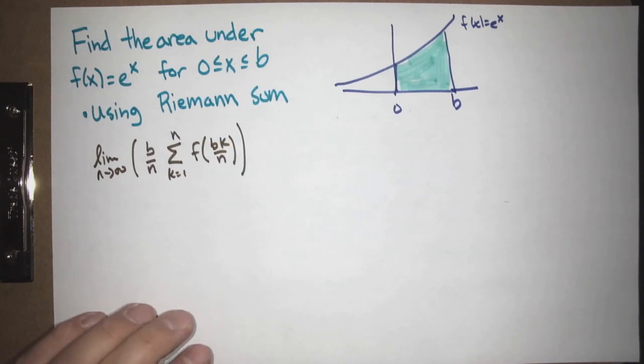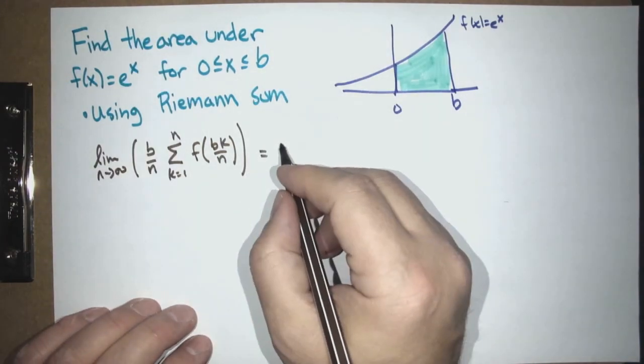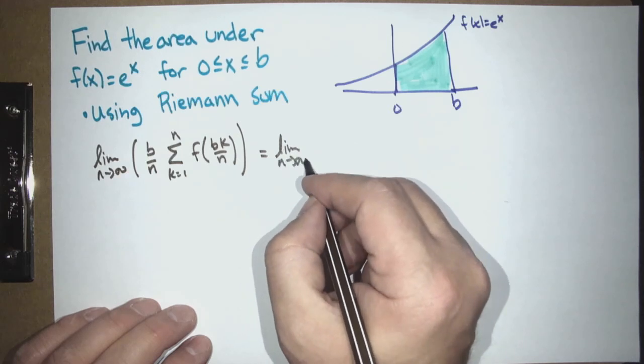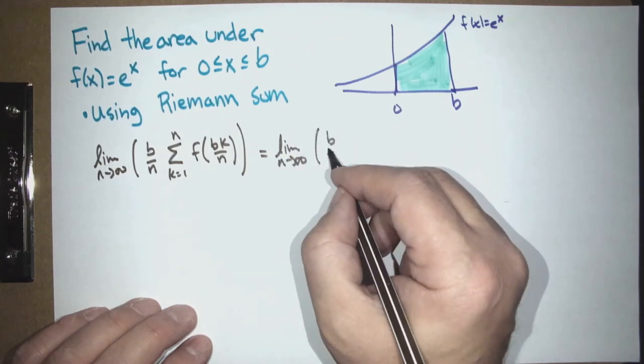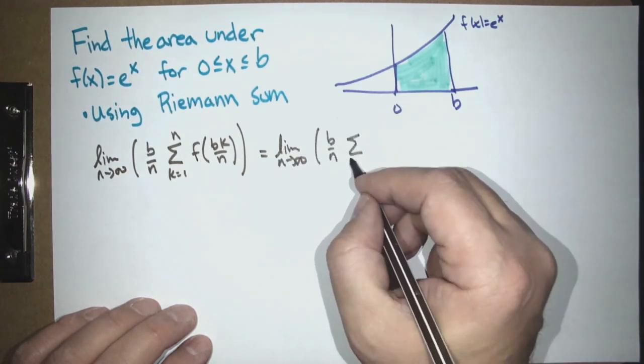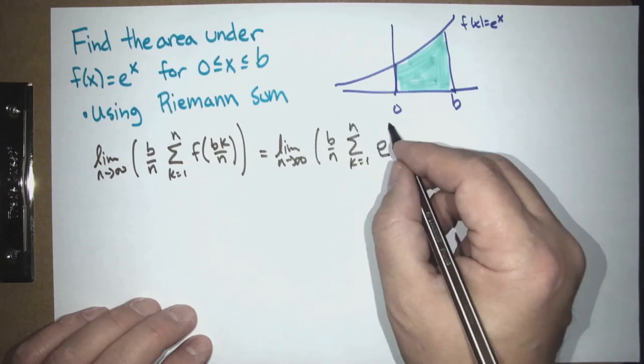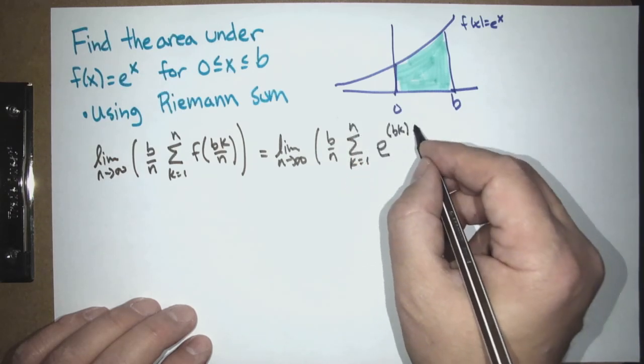Okay, so what do we do? Well, this is b over n times the sum k equals 1 to n, and it's e to the power of bk divided by n.